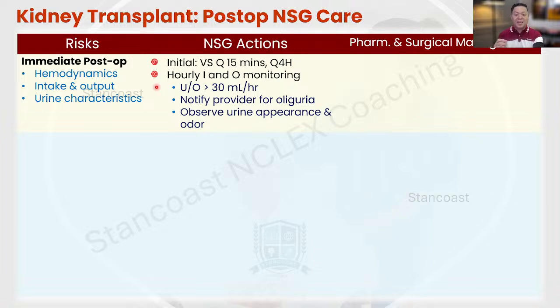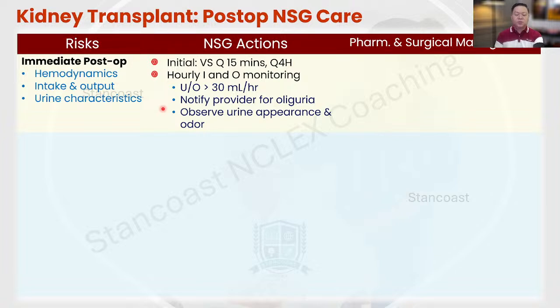There could be an obstruction. Or it could be there's an ongoing rejection of the new kidney. Yes, it can happen as early as within an hour. And so when this happens, if our intake and output states that my patient is not really putting out 30 mLs an hour, this is something that you really need to notify to the physician or the surgical team or the doctor. All right?